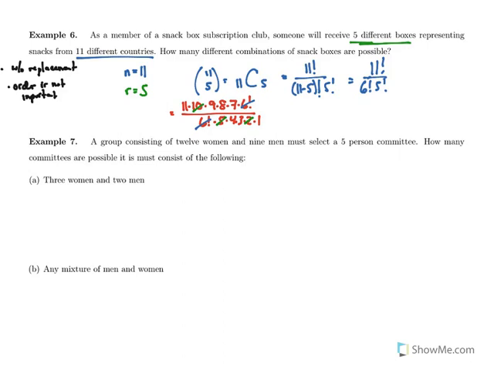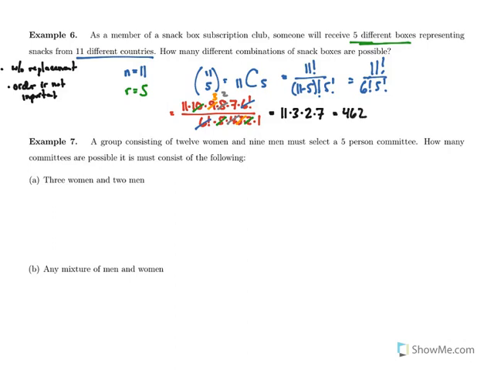We can cancel out a 3, and the 9 has a 3, so we're left with a 3 there. We can cancel out a 4 from the 8, and we're left with a 2. Overall, this would be 11 times 3 times 2 times 7, which gives us 33, 66 times 7, 462.